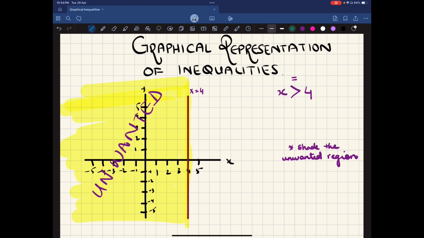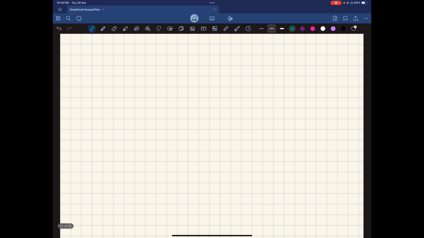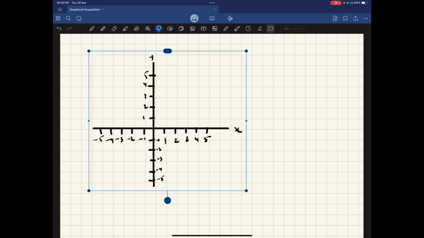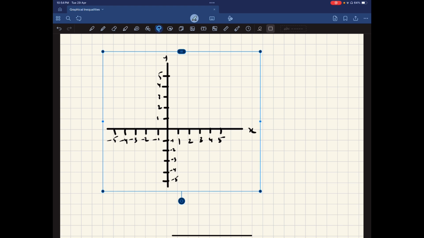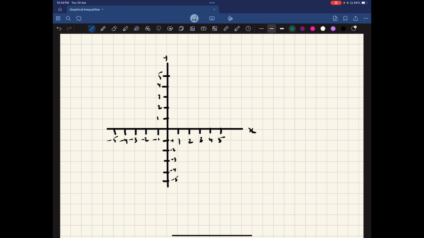And had your inequality been x is less than 4. Okay, so this is the line x equals 4.